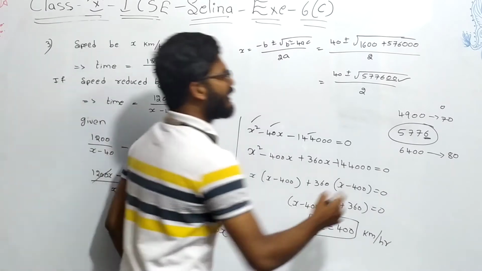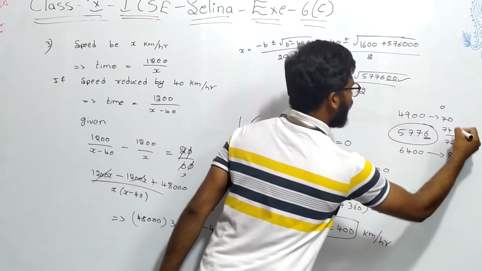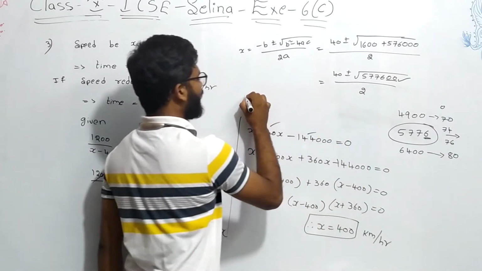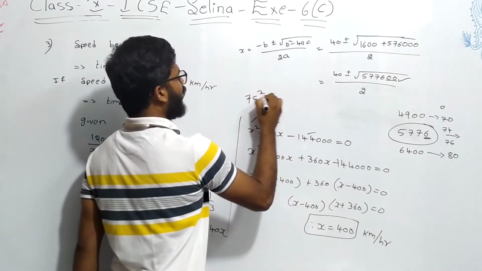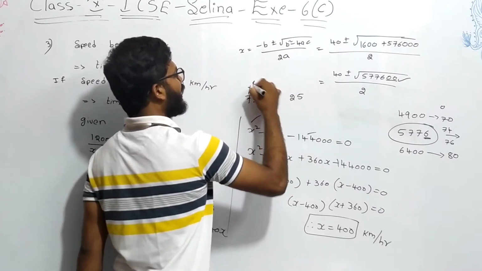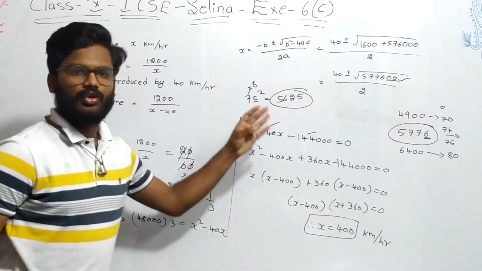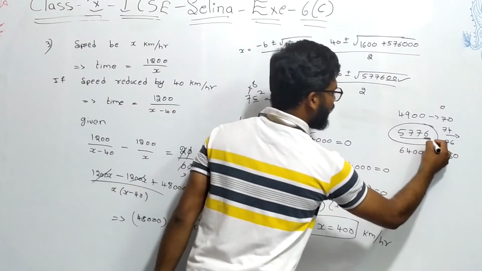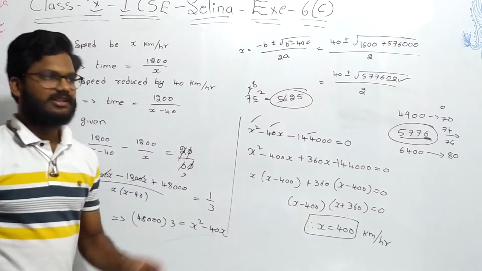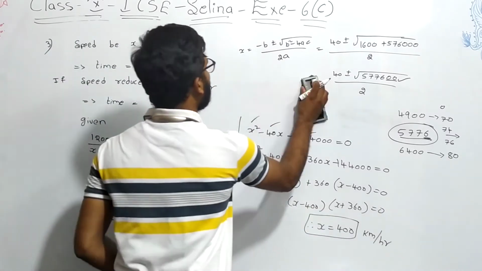So either it is 74 or 76. Now let us see 75. As we know the trick to find the square, 5 square is 25, and 7 into 8 is 56. So the square of 75 is 5625. So this is more than that, right? So it is the square root of 76. If you want, we can multiply and check.